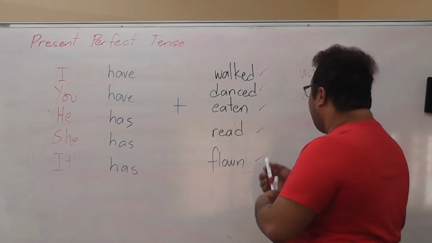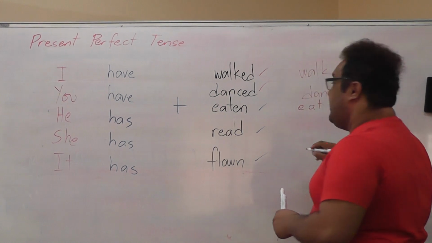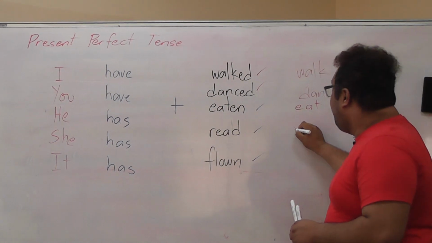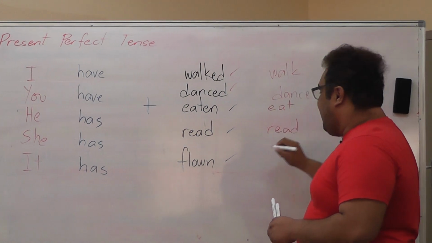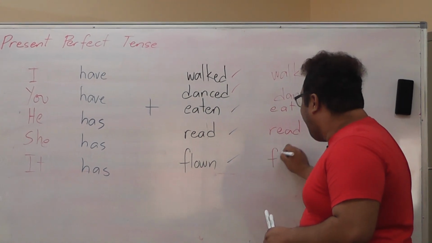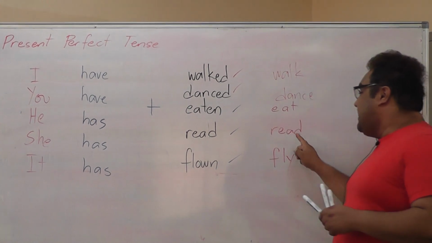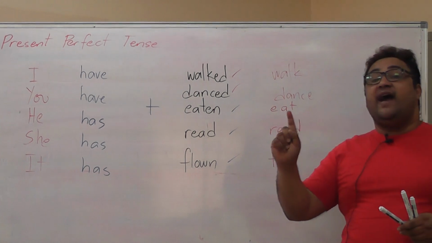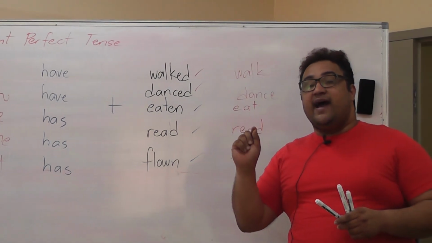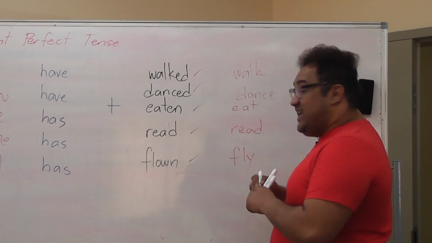First we have eaten, we have eat. Read, we have read. And flown is fly. Okay, so eat, read, and fly. The past of these verbs: eat is ate.